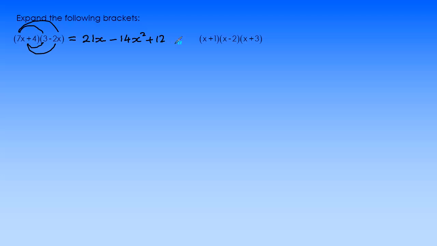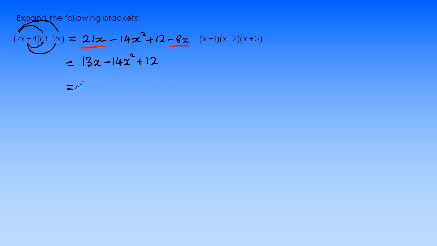And that's going to give us minus 8x. So this time, it's this term and this term which are like terms. So 21 take away 8 is 13, so that's going to be 13x minus 14x squared plus 12.